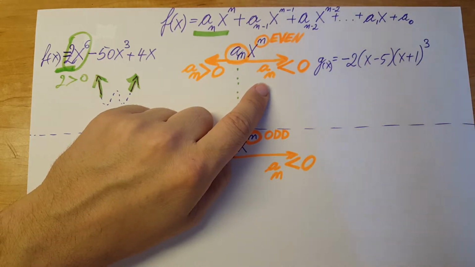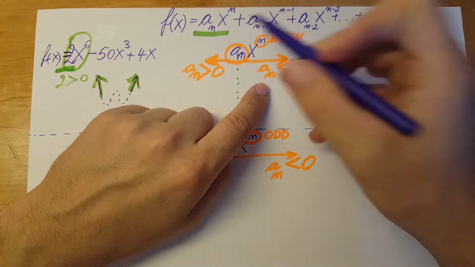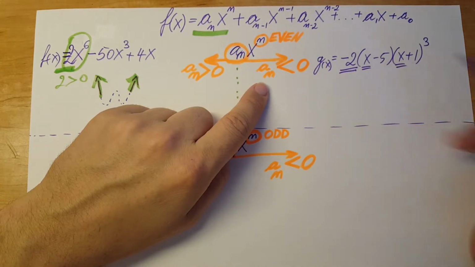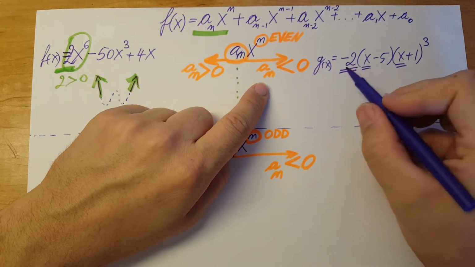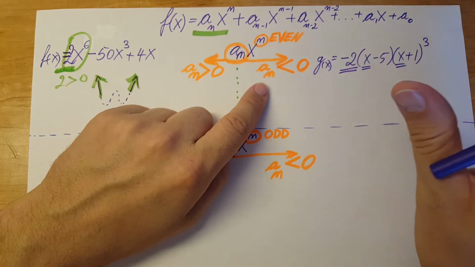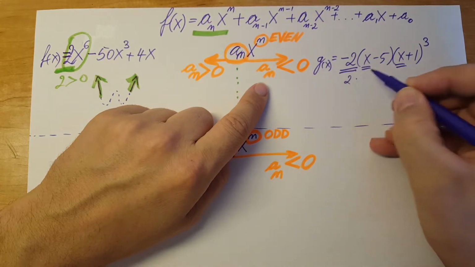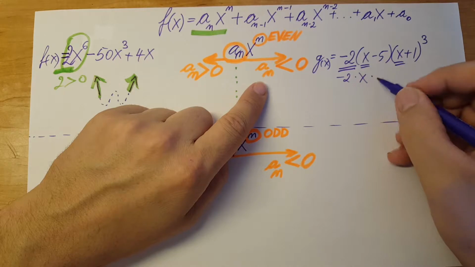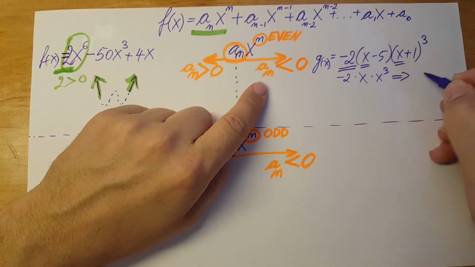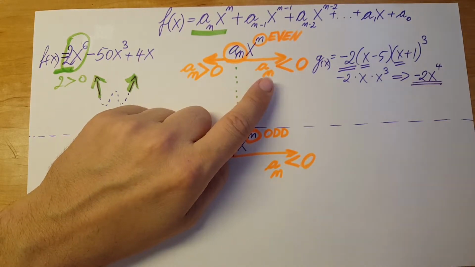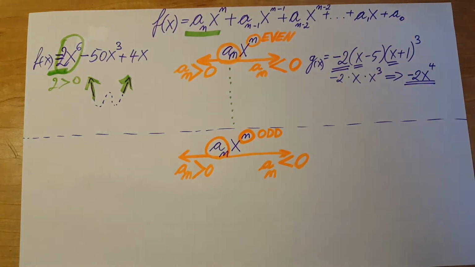This one is a little bit harder to see, but we need to find our leading term. We take the negative 2, take the x, and multiply by the x from here, the same thing as foiling it out, but only the very first term. So negative 2 times x cubed times x gives us negative 2x to the 4th.